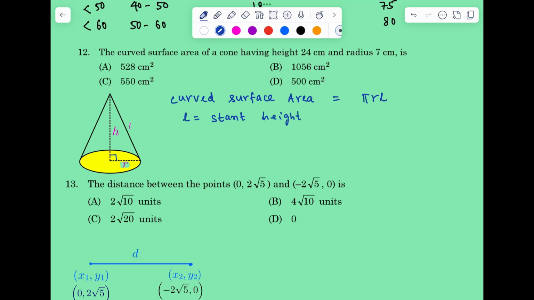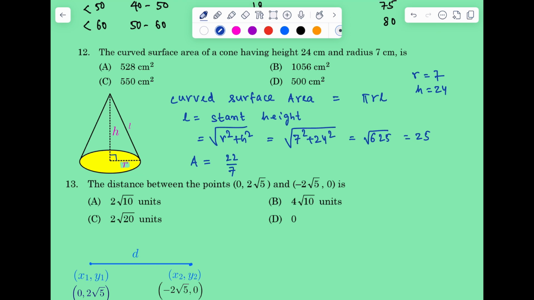If you will see the figure, then L is equal to square root of r square plus h square, which will be equal to, here r is given as 7, h is given as 24, so that is equal to square root of 7 square plus 24 square, which is equal to 25.